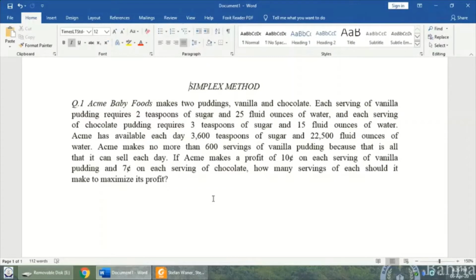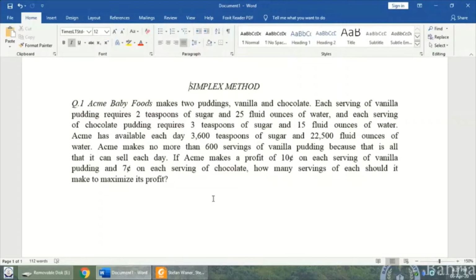And the easiest way is to just simply go on to the question. So I'll be reading the question, and then we'll be switching on to the board. I've just written the summarization of this question, so you can easily refer back to it. Now this question is that Acme Baby Foods makes two puddings, vanilla and chocolate.